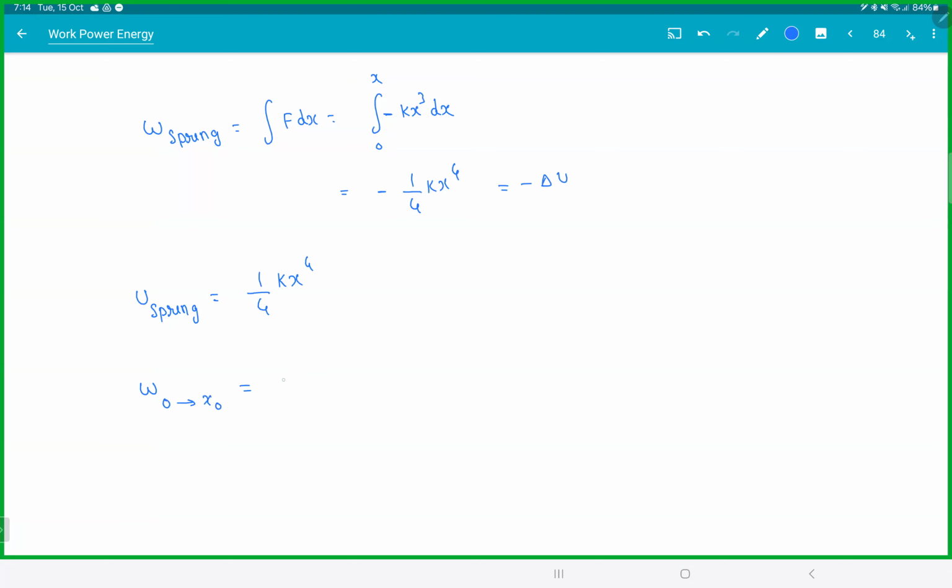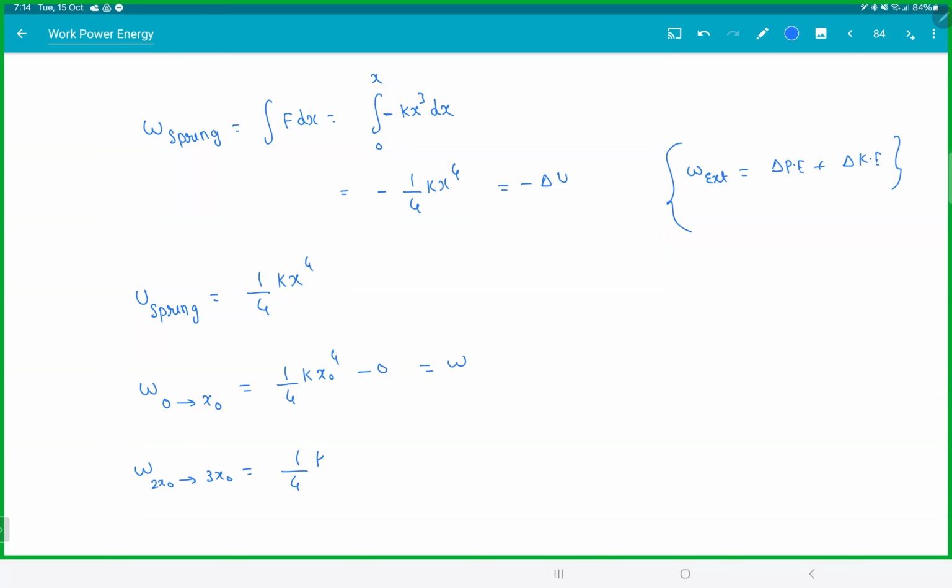Now you want to find the work done from 0 to x naught. The work done by external force is change in potential energy plus change in kinetic energy. In our problem, there's no kinetic energy, only the spring is changing. So this would be 1 by 4 k x naught power 4 and initially 0. This is W. Now you want to go from 2x naught to 3x naught.